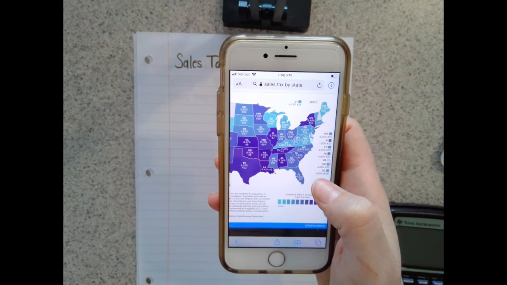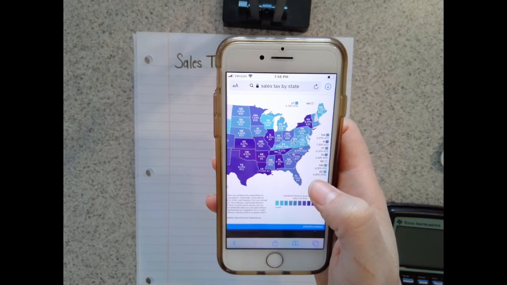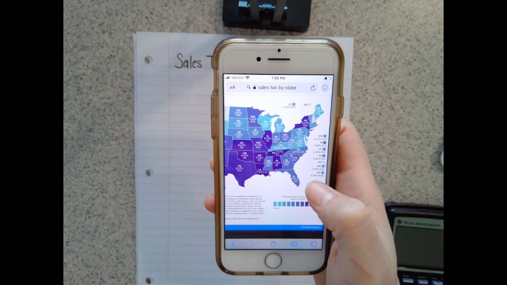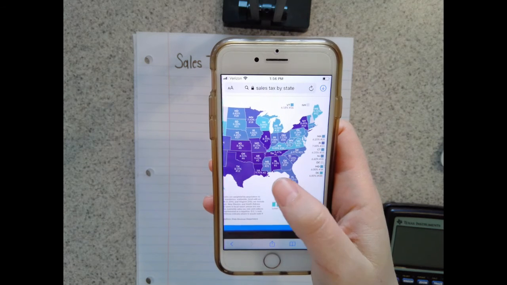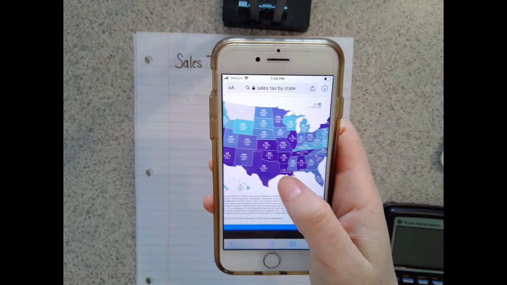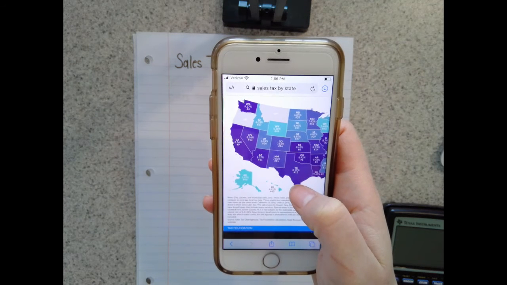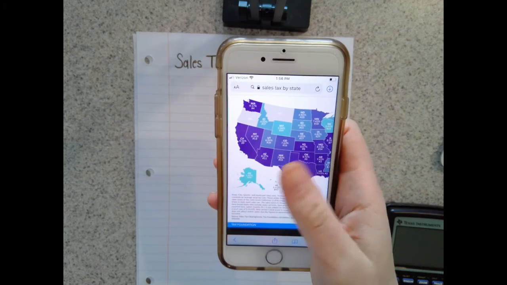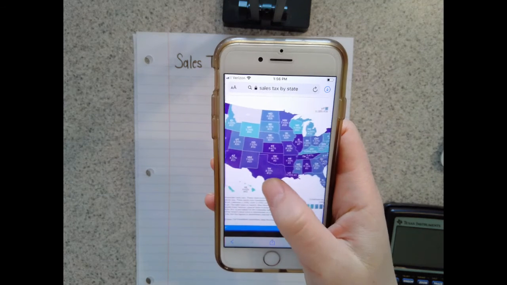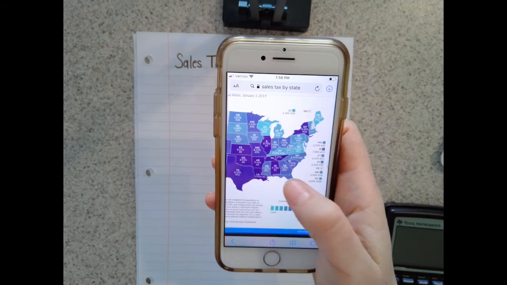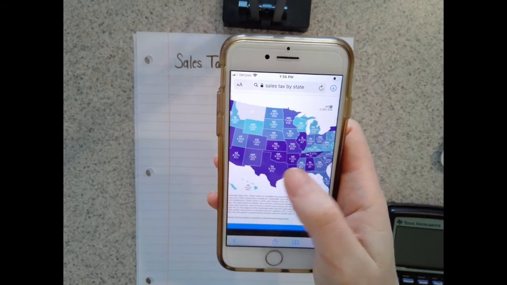That means when you buy an item, they're going to add a small tax to that item, and you'll have to pay the original price plus the tax when you check out at the store. For these other states, sales tax ranges anywhere from 5 to 8% typically of your bill.